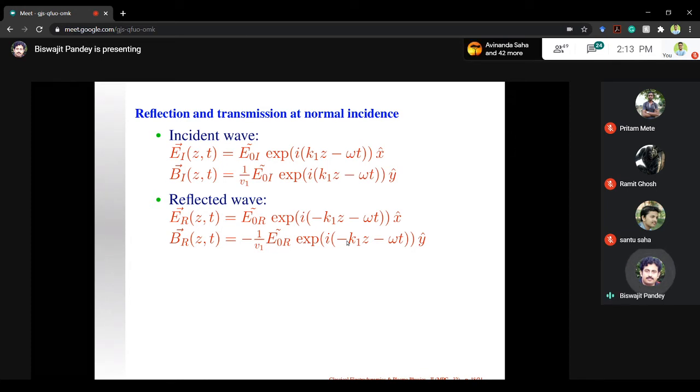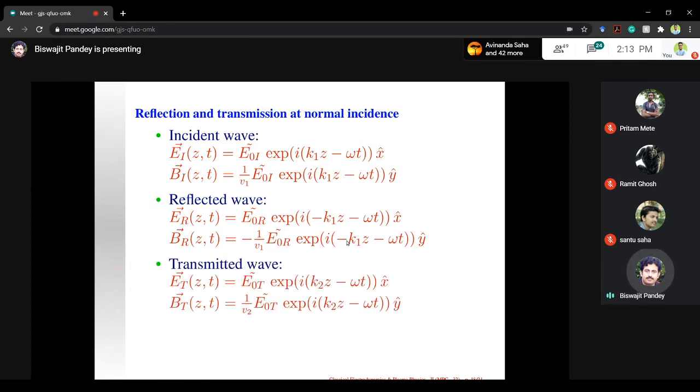And the part which is expected to be transmitted in the second medium, in this case the solution for the electric field will be written in this way, because it's a different medium. So this K2, instead of K1, we write K2, and the electric field vector is polarized again in the same direction, X cap.